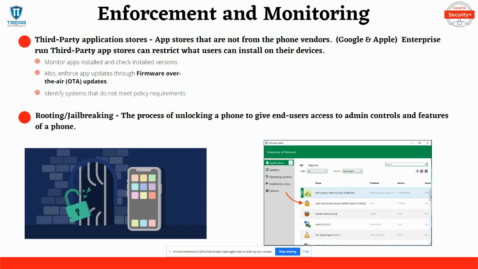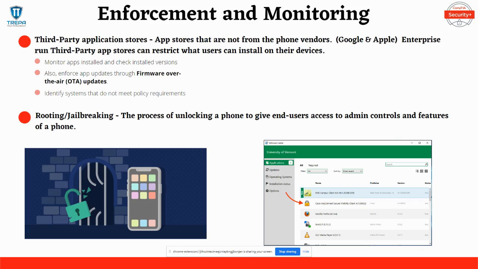And then we have enforcement and monitoring. So sometimes an organization will restrict users from using the phone vendor's app store, so the App Store in Apple or the Google Store, right? And instead implement a third-party application store that the company will provide.